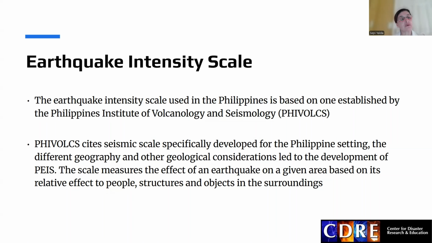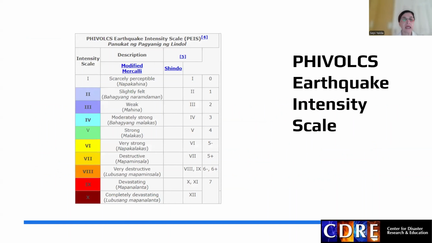So it's a very useful intensity scale in this setting. Again, this is a table to show you this earthquake intensity scale. If you start looking at the left-hand side column, that gives you the intensity scale, and then the descriptions and the categories that are listed. So you can get a feel for how it also relates to other types of scales that are in common use in other parts of the world.